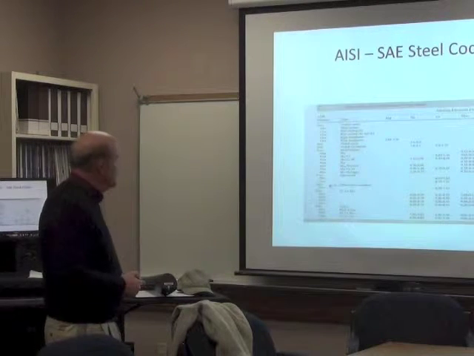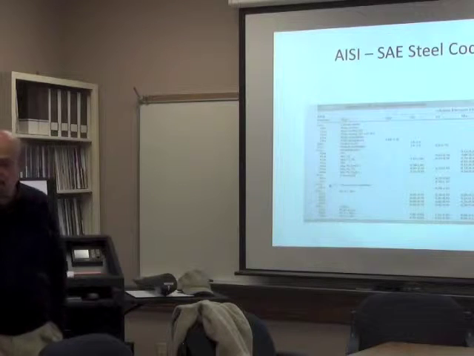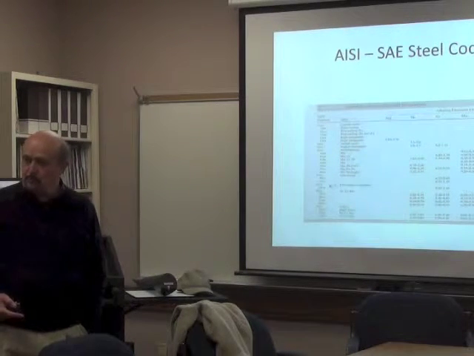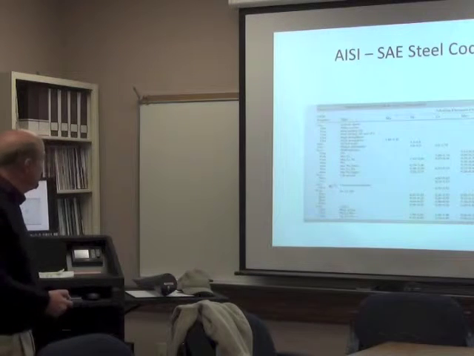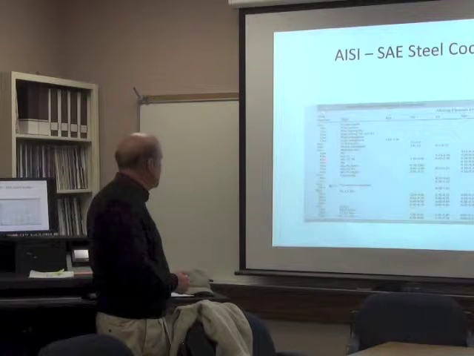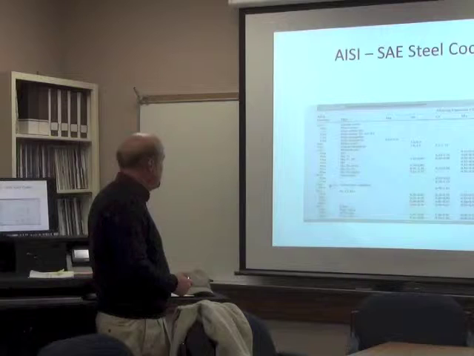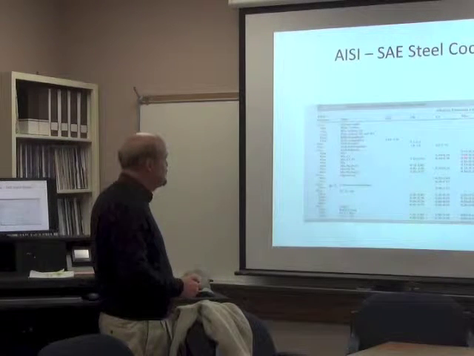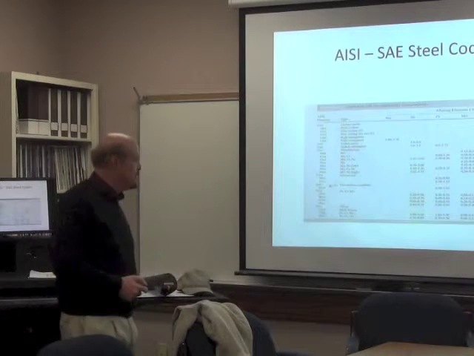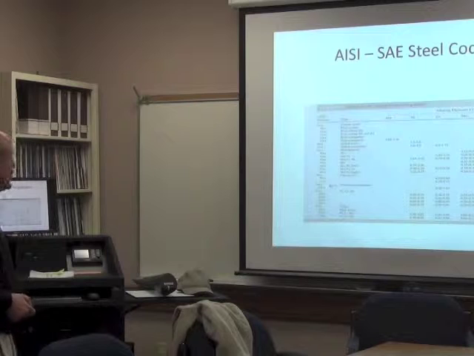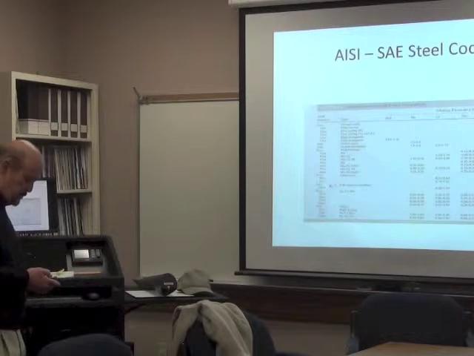If it was a 1040 steel, I already mentioned that, the 40 is not 40%, it's 0.4% carbon. If you see a 43, let's say you have 4340 steel, that will have molybdenum, chromium, and nickel in it. And these are approximate ranges of the alloying elements, but it will matter how much is in there. But those are the steel codes that they use, and there's a whole bunch of those.